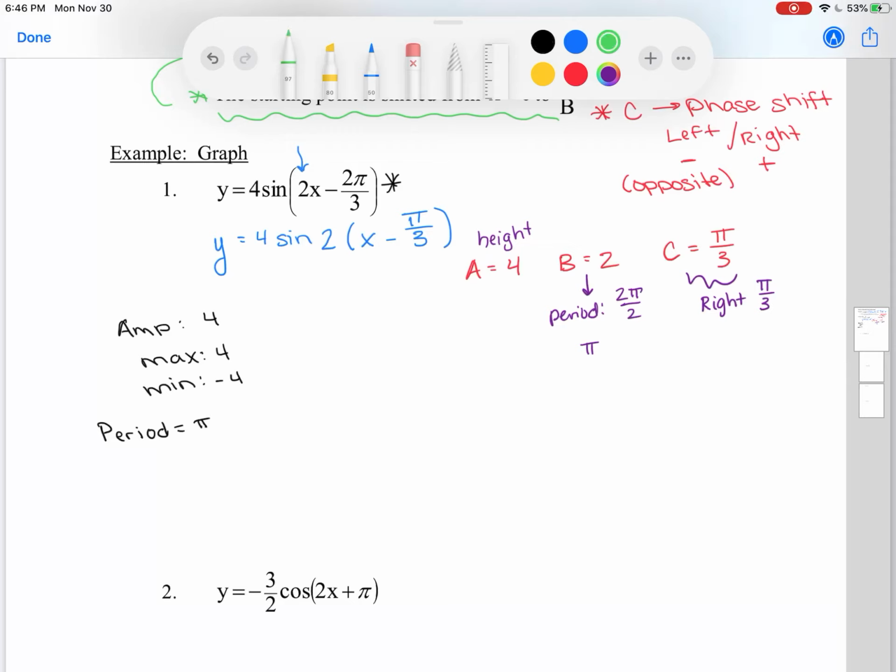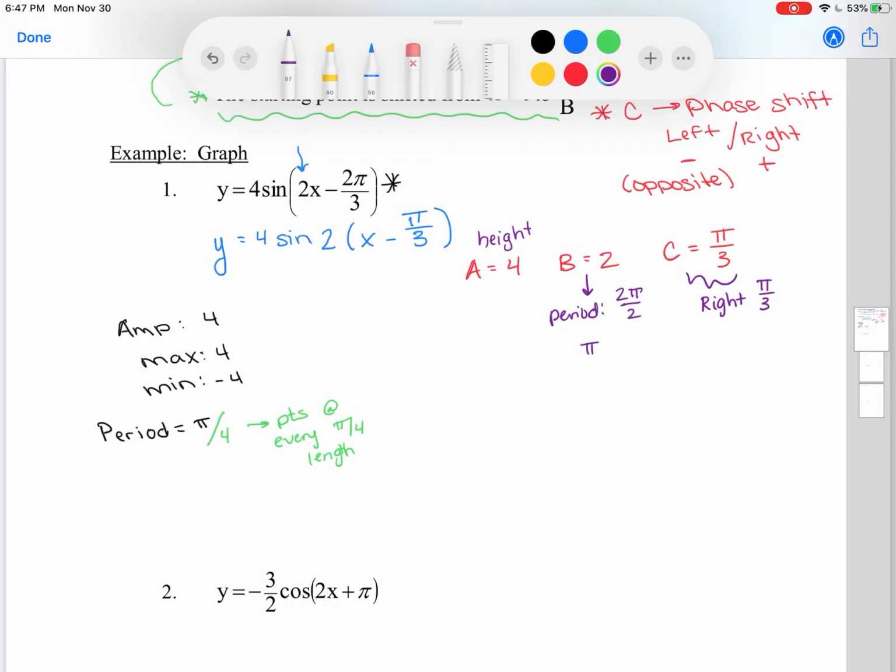But if I want to figure out what values I need on that line, I'm going to take that pi and I'm going to divide it by 4. So I want to have points at every pi 4th length. That's what that is telling me to do. That's why we divide it by 4, so that I can find key points along my XY axes.